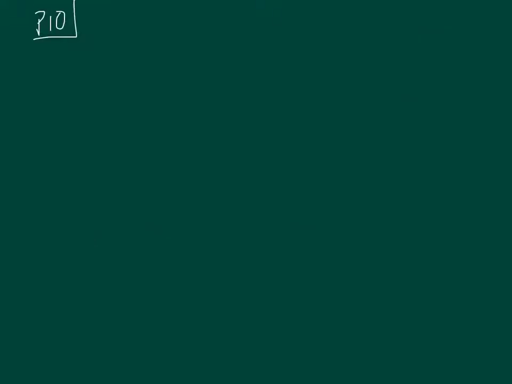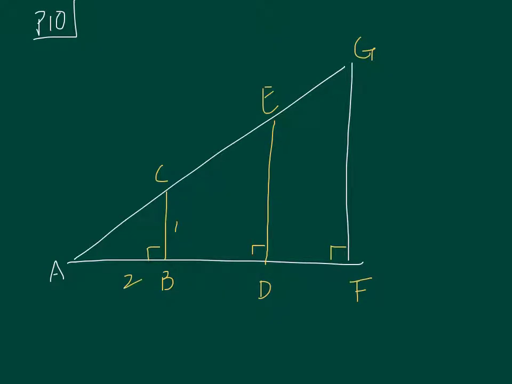Problem number 10. In the figure at the right, AB equals 2, BC equals 1. Without making any measurements, find the values of AD divided by DE and AF divided by FG. Explain how you get your answer.